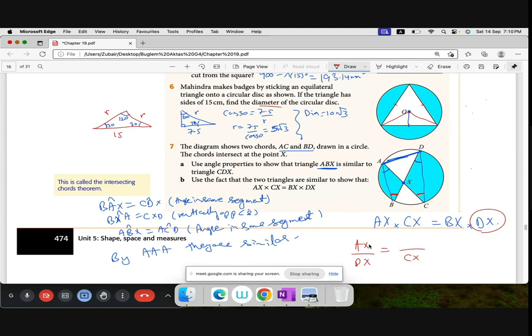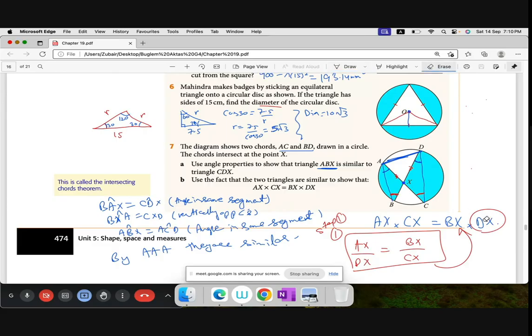Sorry, AX was in front of red and DX was in front of red, done. On the other side, in front of blue is BX and CX. So these are just the similar sides. When we write this, the next step would be copying this. This is step one.